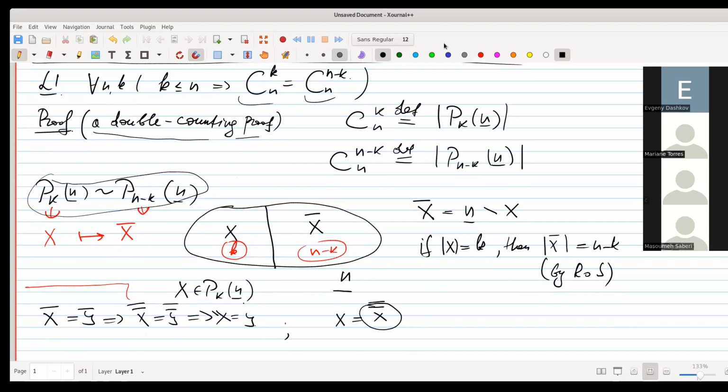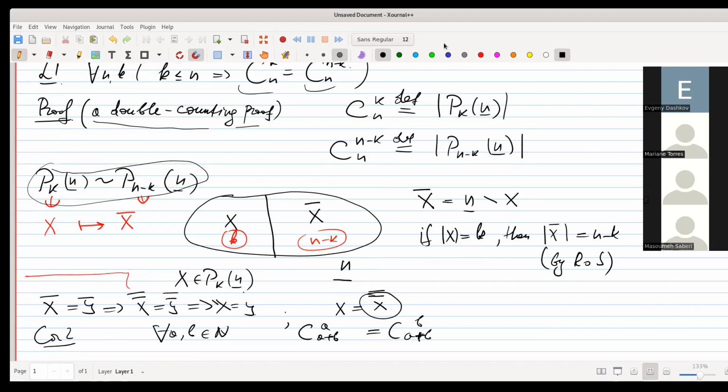Okay, as a corollary of this result, we can easily obtain that for every naturals a and b, a plus b choose a equals a plus b choose b, because b is just a plus b minus a. Is this idea clear? Yes, it is.